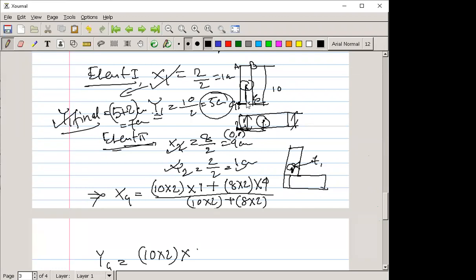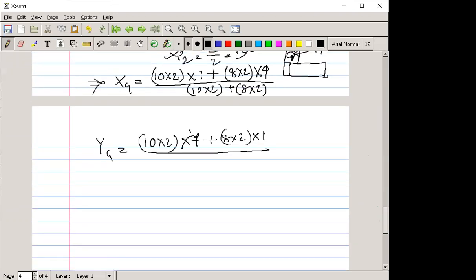Here it is 5, right? But from the coordinate, that point's distance is 5 plus 2, so that's why it is 7. Plus 8 into 2 into y2, y2 is 1, divided by 10 into 2 plus 8 into 2.